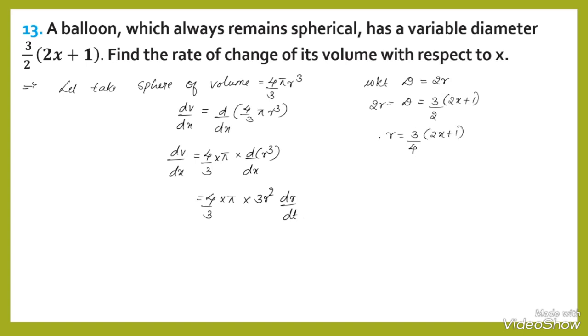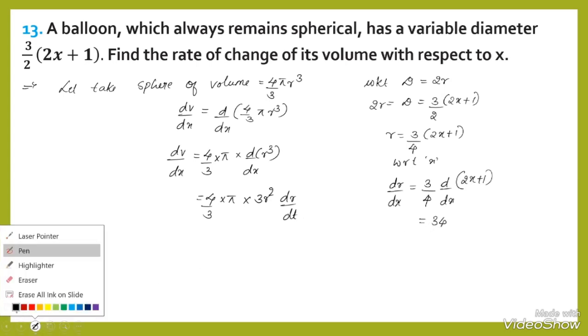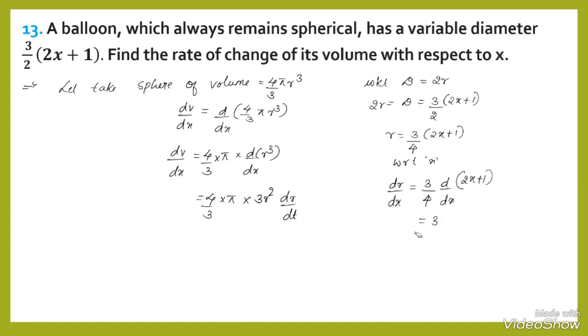Then differentiate with respect to x. So dr by dx is equal to 3 by 4, which is constant, into the differentiation of 2x plus 1. Differentiation of 2x is 2, and 1 is constant.